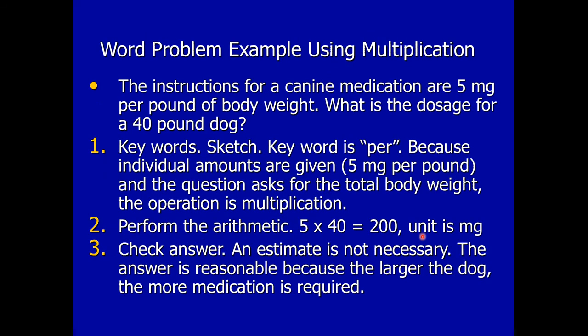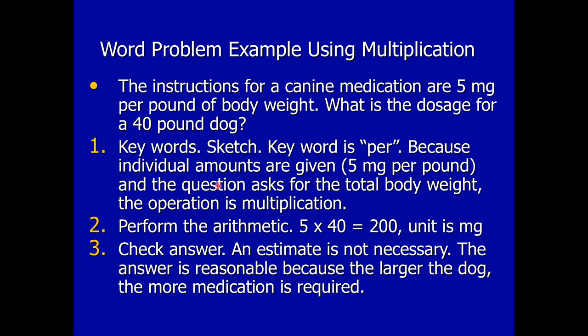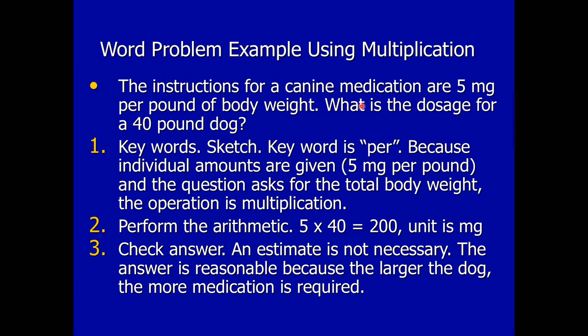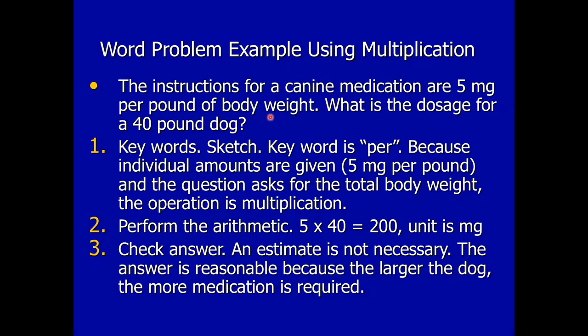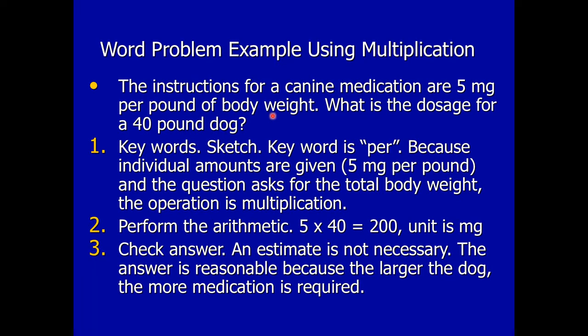Okay. Now, this is a word problem for multiplication. So let's read it. The instructions for a medication are 5 milligram per pound of body weight. What is the dosage for a 40-pound dog? That's like a multiplication, right?